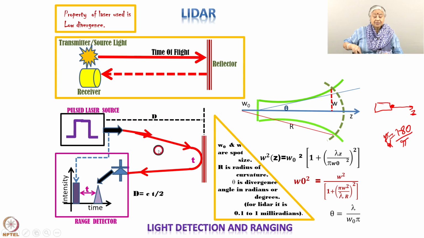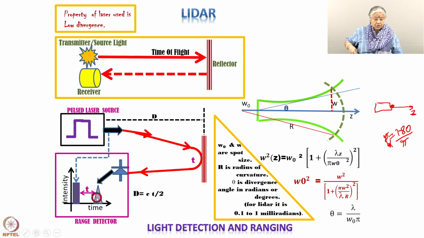And distance is the main thing, because we call it light detection and ranging. What is the range of the object from the laser? Okay. So, suppose I start with a square pulse like this, and it has to travel this distance d. It can be here, it could be like this, and then it reflects back from there, and with a photodiode you can check out what kind of a pulse returns back.